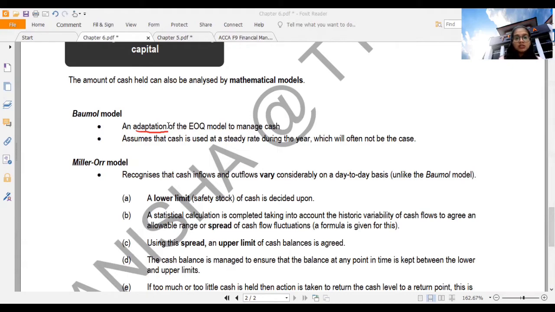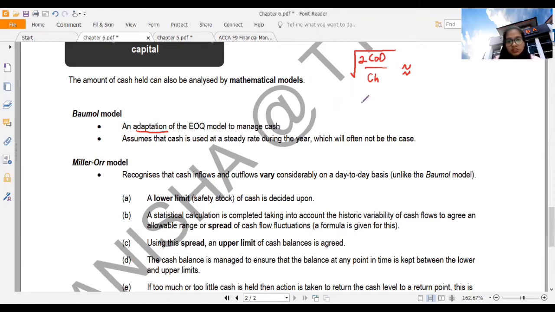All right. Now, to make it simple, if you remember, your EOQ was the square root of 2CoD over Ch. What you need to remember is that this is similar, but not the same, to your Bomber model. What is the Bomber model, guys? I'm going to write it down here because I don't have enough space.